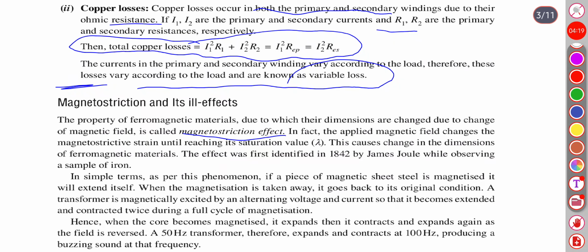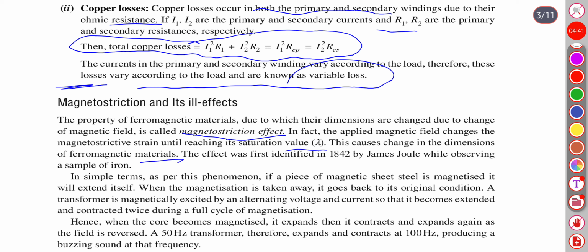In fact, the applied magnetic field changes the magnetostrictive strain until the material reaches its saturation value lambda. This causes a change in the dimensions of the ferromagnetic material.